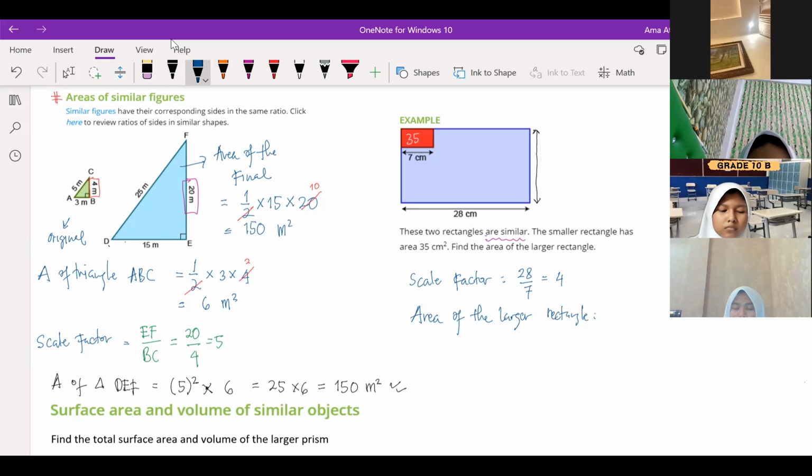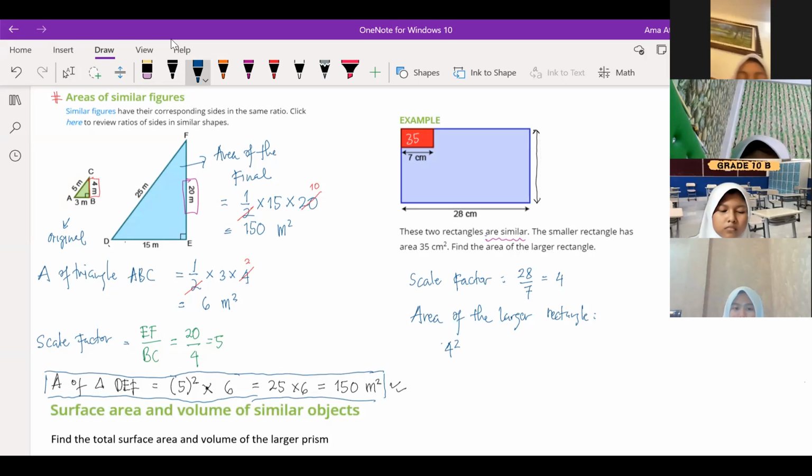But let me help you, Najwa. You have this formula now: the area of the final figure can be found using the scale factor. What if we just use this formula? So it's 4 squared times 35. How much is 16 multiplied by 35?